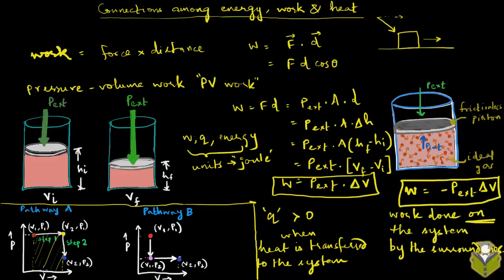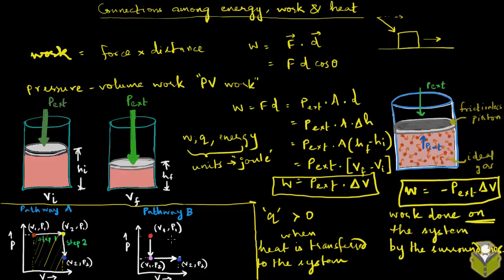The area of this rectangle is P1 times (V2 minus V1), which is delta V. And going from yellow to blue, work done is 0 because delta V is 0. The final volume minus initial volume in this step is 0. So the work done in this part of its journey is 0. So the total work done is only P1 times (V2 minus V1). That is your pathway A.